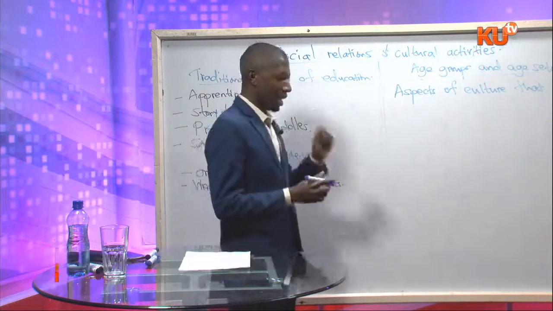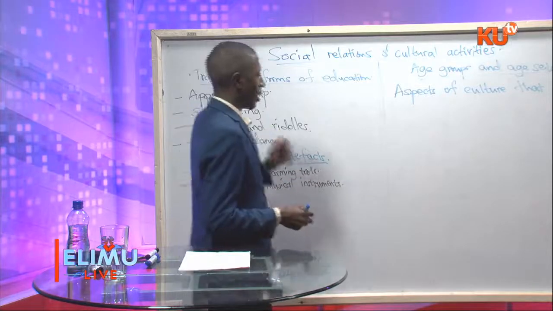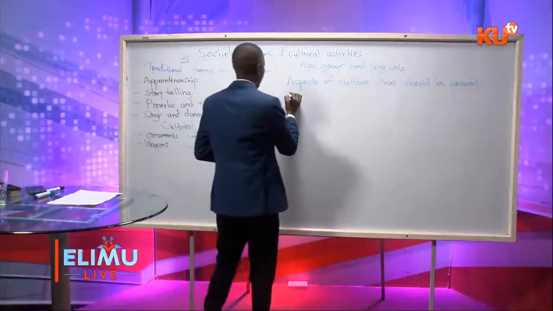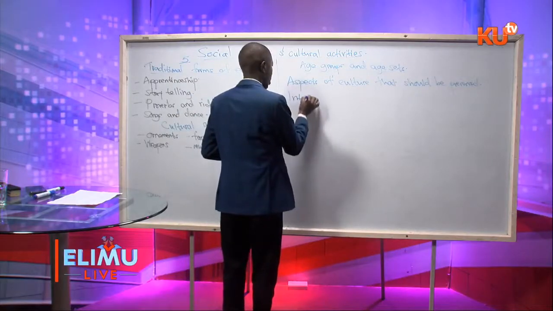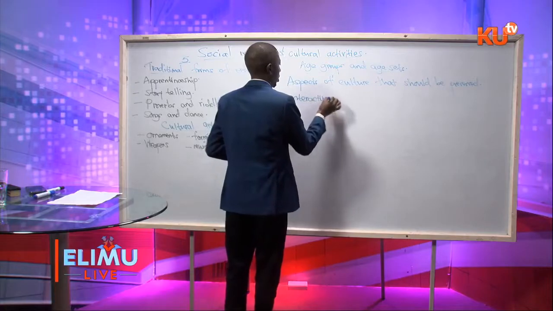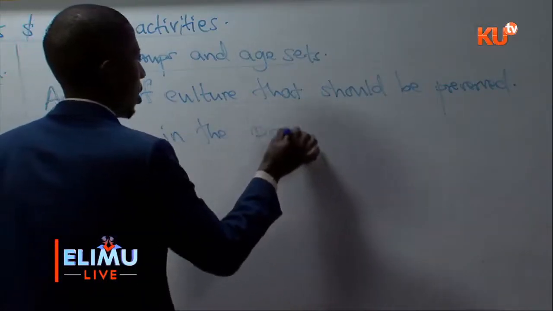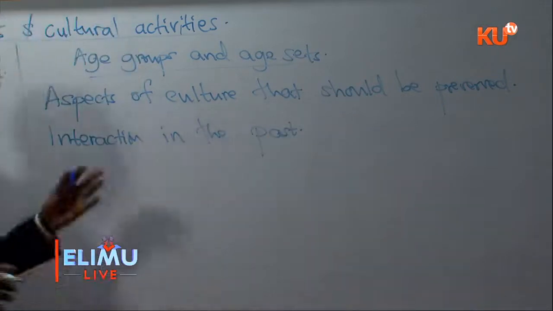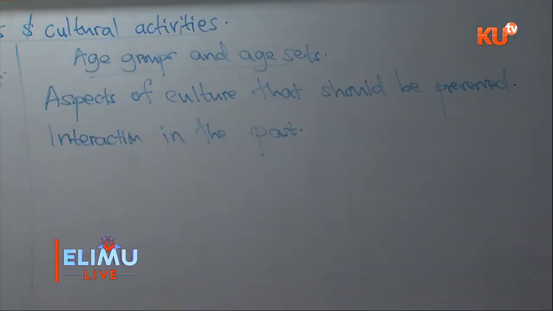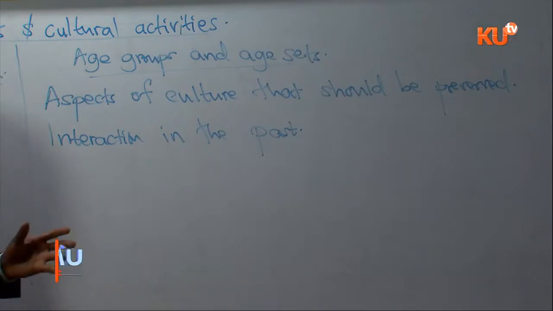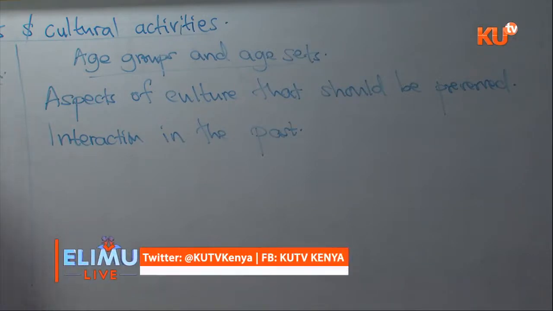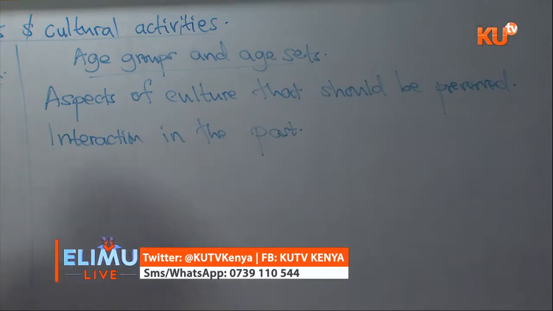Then you also learned in grade 5 about interaction in the past. I have just shortened it, but it is actually supposed to be interaction among Kenyan communities in the past. So how did Kenyan communities interact in the past?